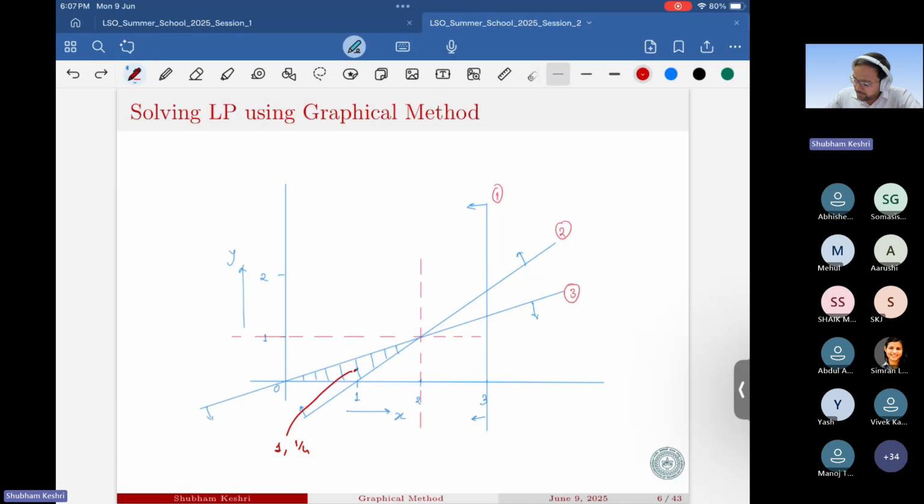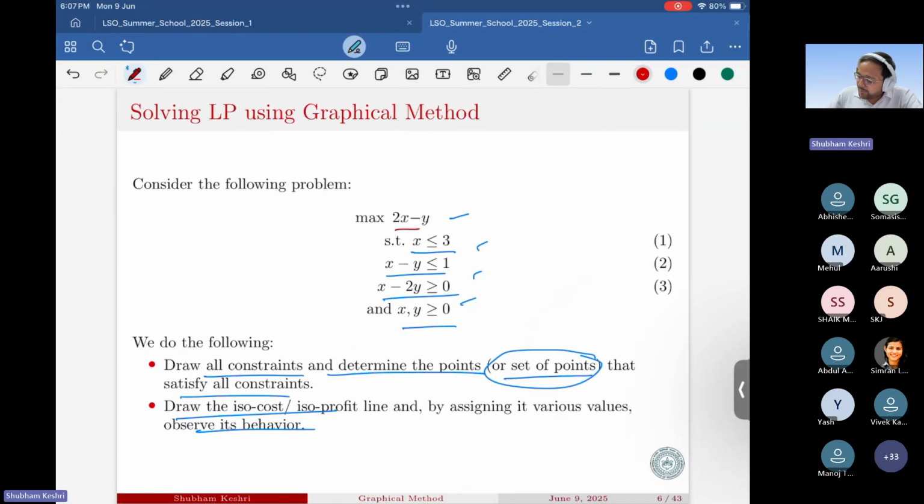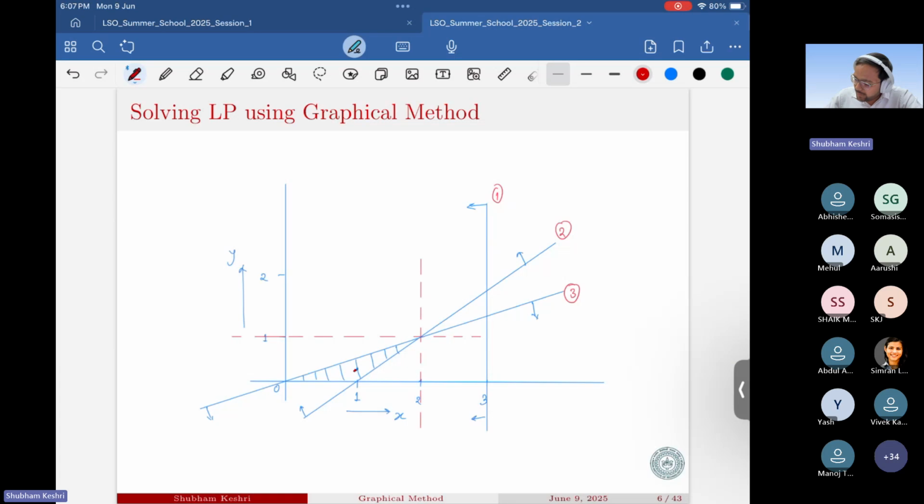Since this is a feasible point, we can get the objective function for this point. It becomes 2 minus 1 by 4, which is 7 by 4. So we have the equation 2x minus y equals 7 by 4. You can plot this line, and it will look something like this. It may not be to scale.